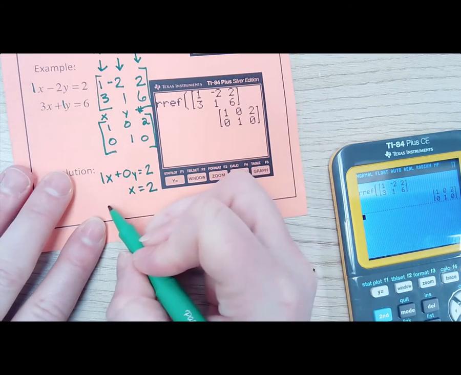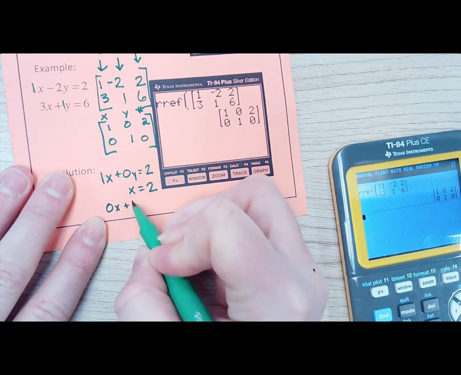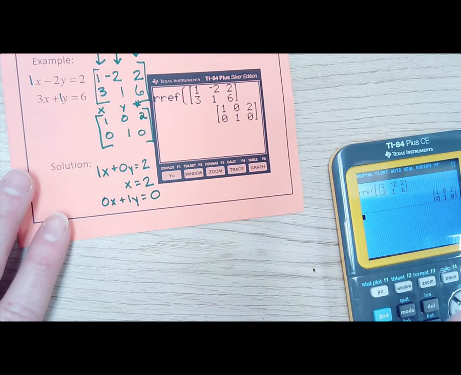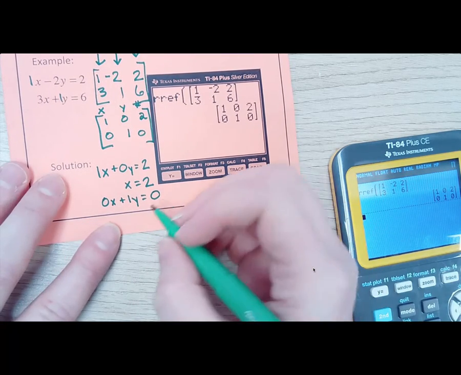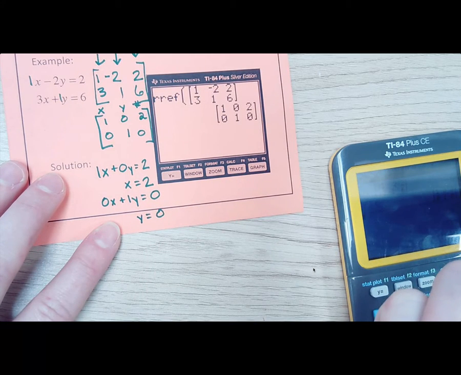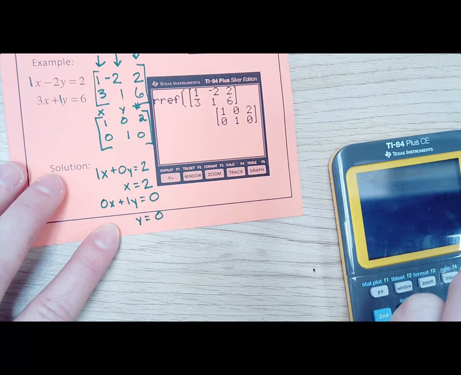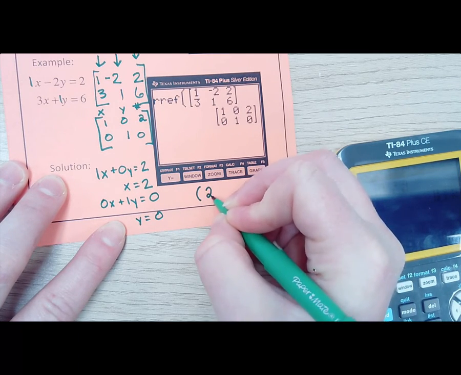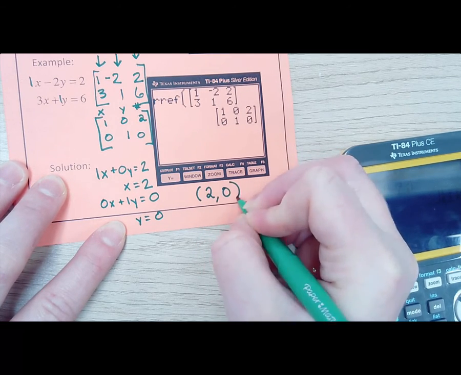And then the other one is 0x plus 1y equals 0. So y equals 0. My solution is x is 2, y is 0.